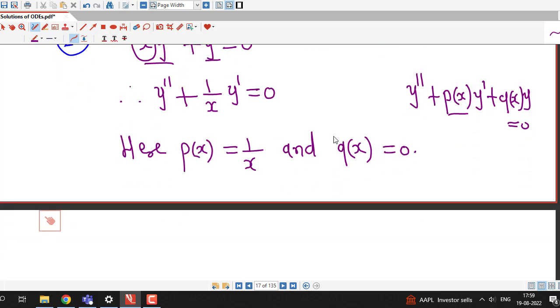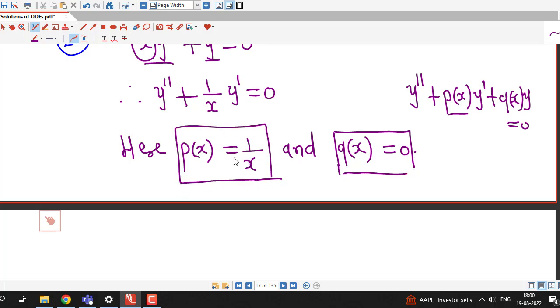Now q(x) equal to 0 is a constant polynomial, therefore it is analytic everywhere, and p(x) is a rational function, so it is analytic at those points for which the denominator is non-zero.